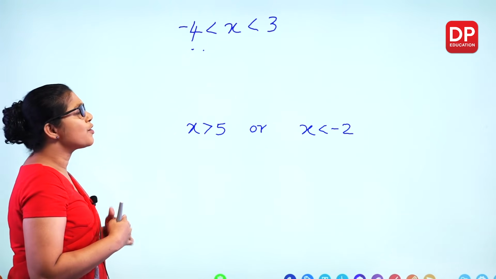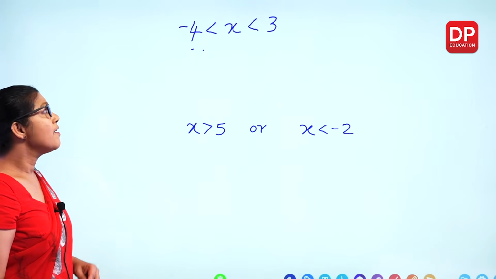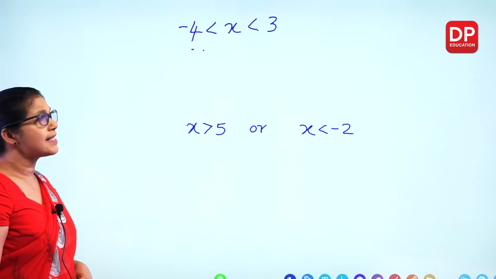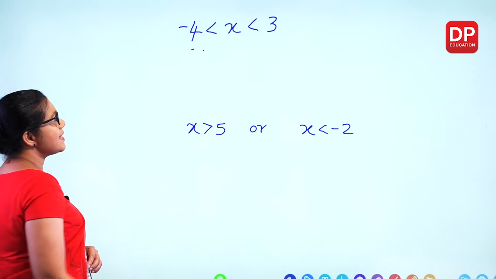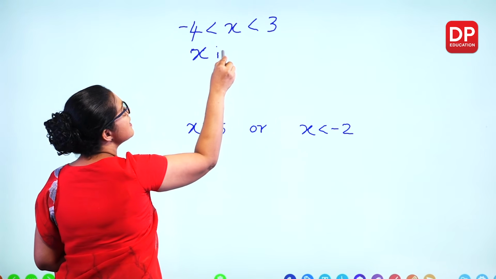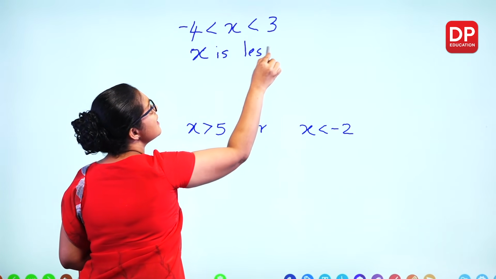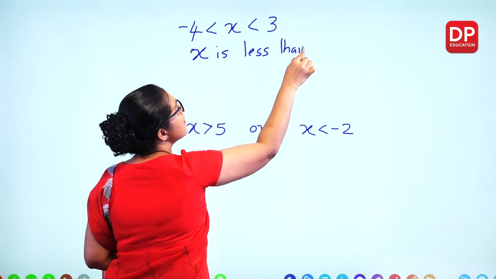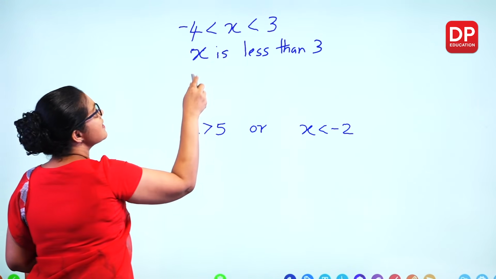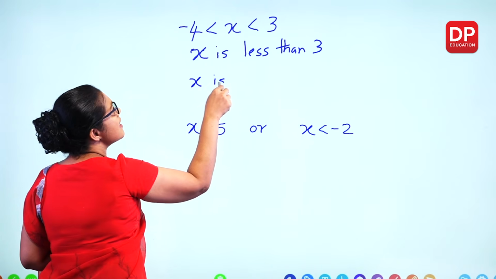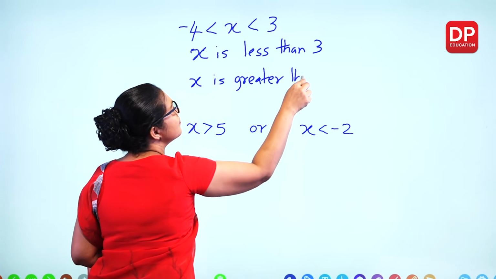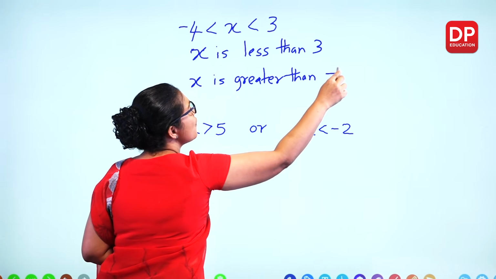So we try to combine these two and figure out what numbers satisfy this inequality. If you close this side, we can say x is less than 3. If you close this side, we can say x is greater than minus 4.